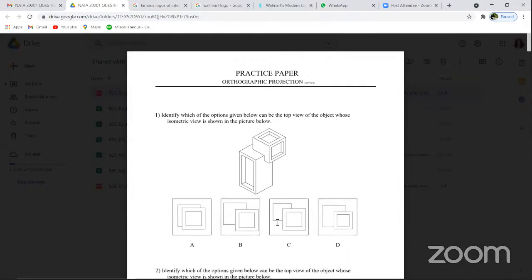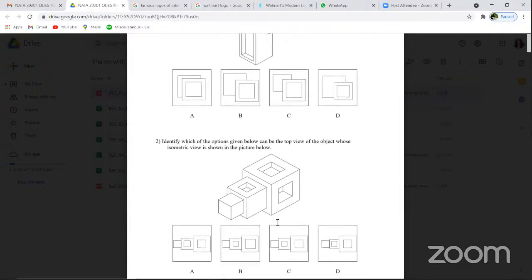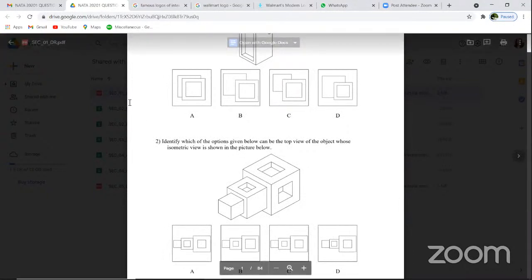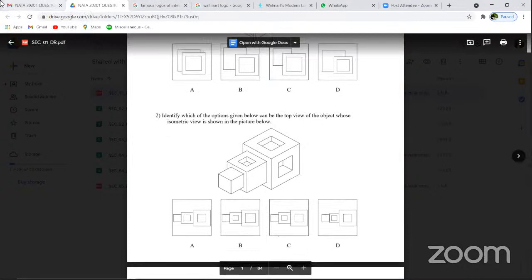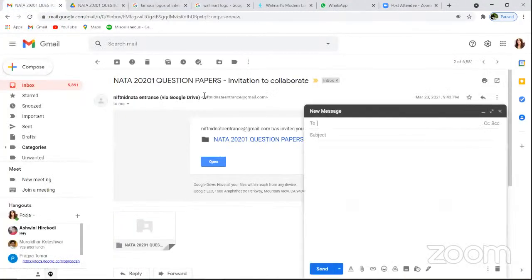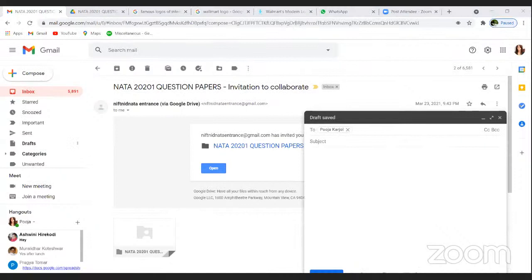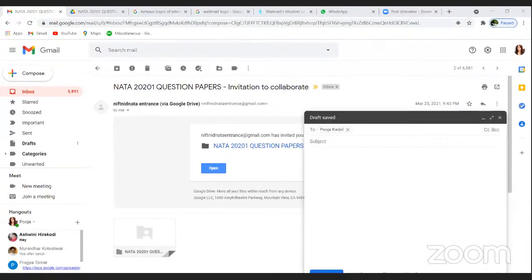They're almost same size. What about this one? Ma'am, option. Sorry. Mom, you're not able to see. What are you able to see then?